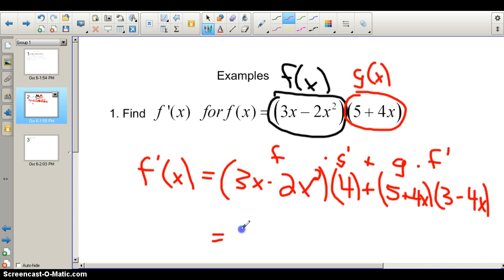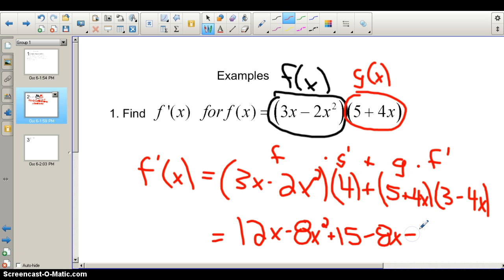This would be 12x minus 8x squared plus, if we FOIL, we'll end up with 15 minus 8x minus 16x squared.